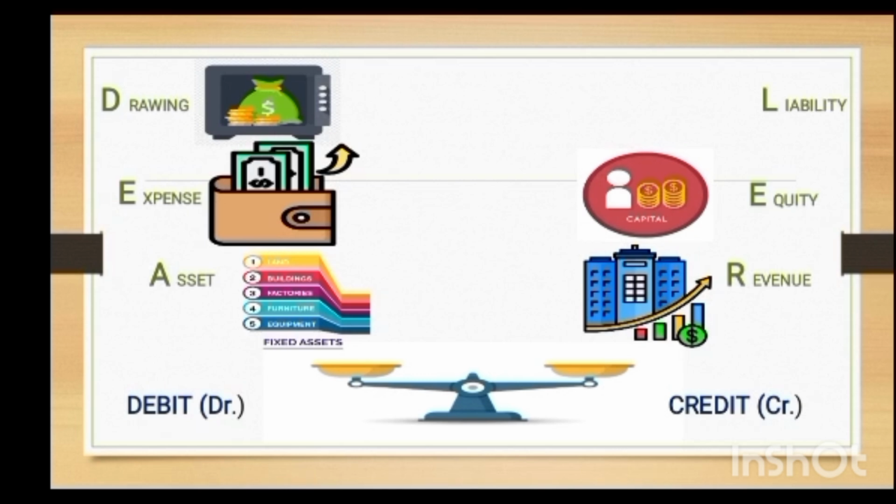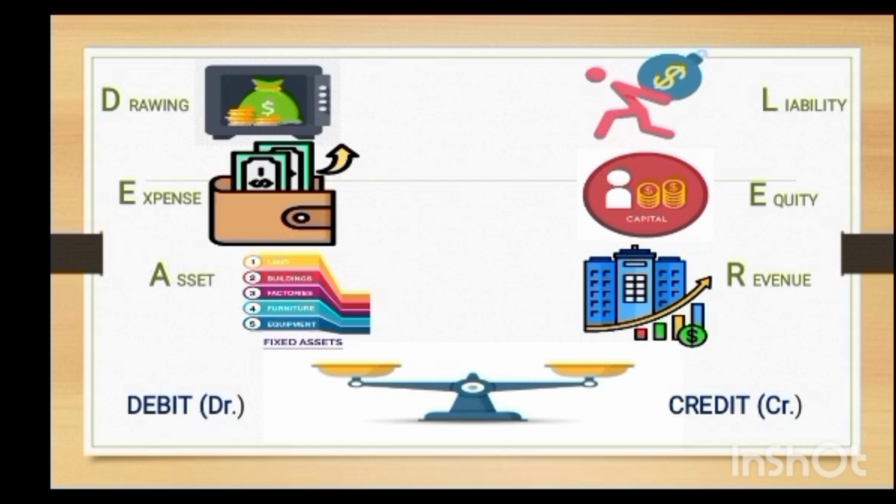The third account that will be credited is liability. What's liability? Liability is something that is payable, the burden at your back, something the company has to pay. That will also be credited when it increases. So simply, revenue, equity, liability, when these increase, they are credited.